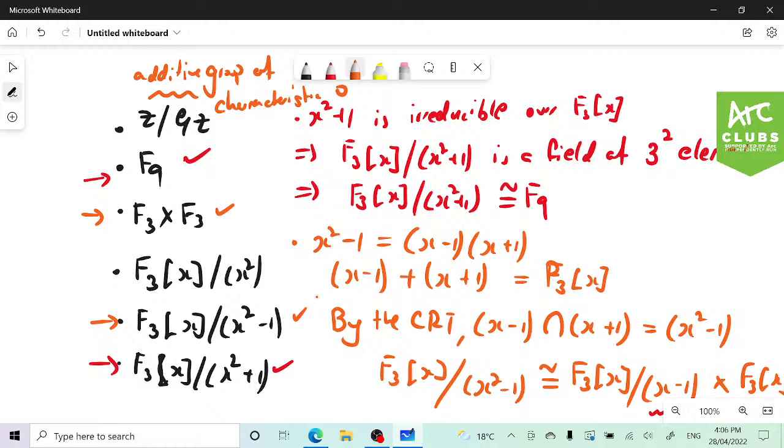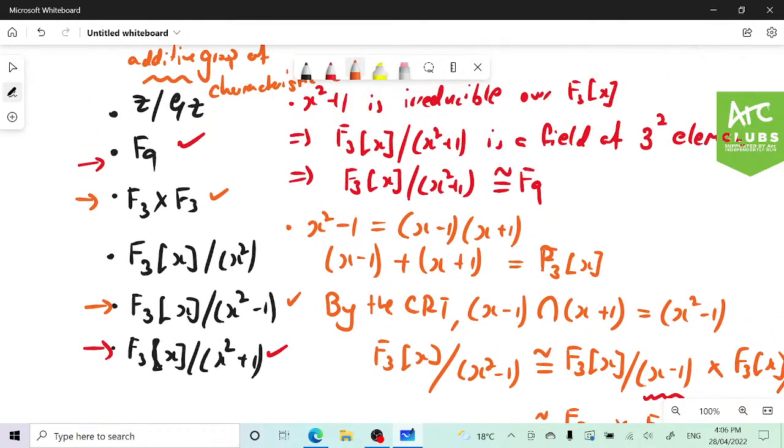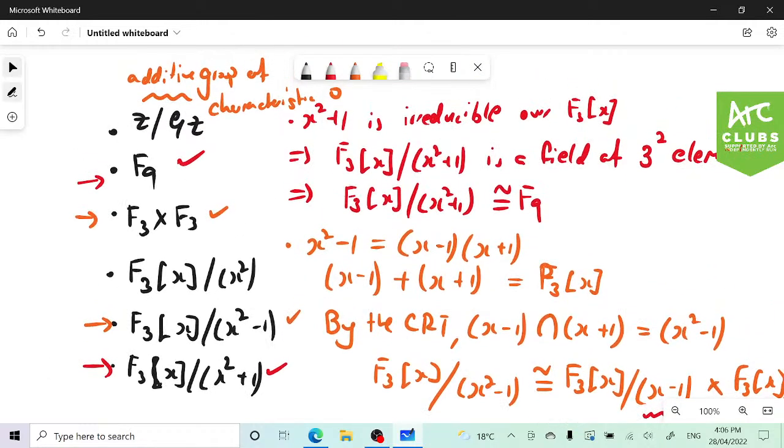So you can tell that this has to be in its own class because it can't be isomorphic to any of the other ones here. This is a ring, and the other ones here are at least domains. So this one is by itself.